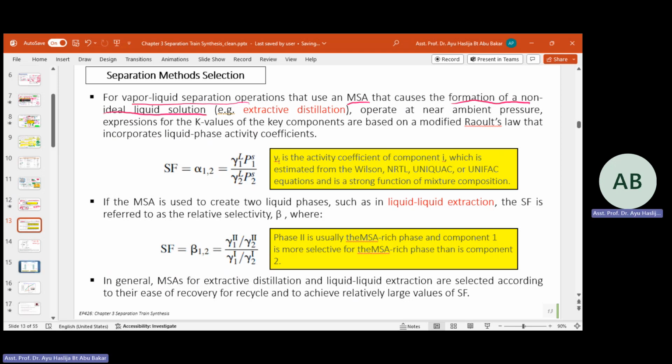For example, just now the furfural being added to the D and E. Now, operate at near ambient pressure. Based on Raoult's law, this is the equation. This one is for you to understand only how it relates.